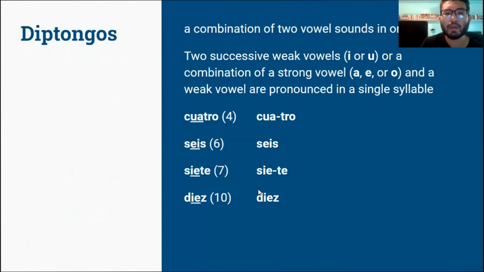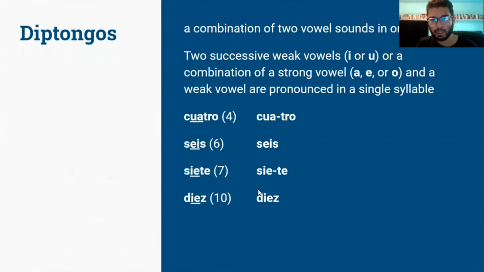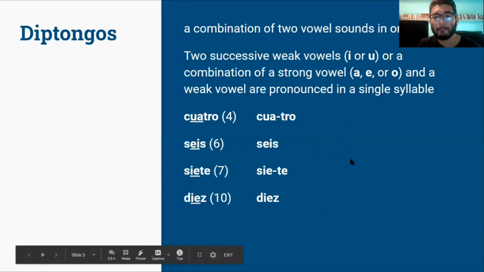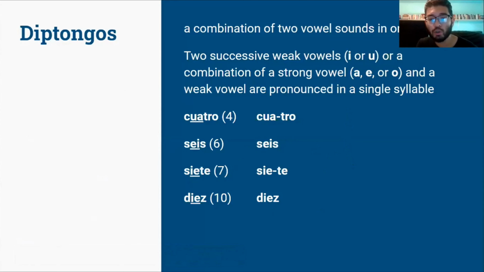So that type of phenomenon is called diptongo, or diphthong. And that is when we combine two vowels or two vowel sounds in one syllable. And that is only produced with a specific combination of vowels. For example, two successive weak vowels will produce a diphthong, that is I or U together, or a combination of a strong vowel, A, E, or O, and a weak vowel.